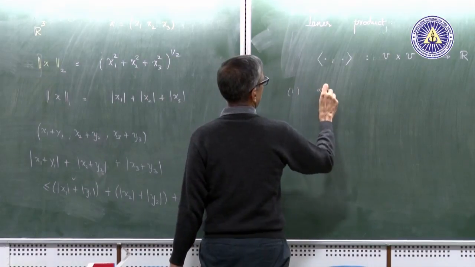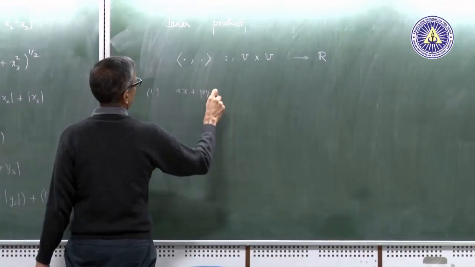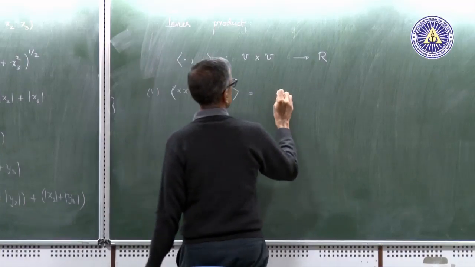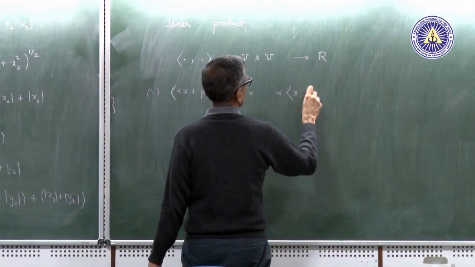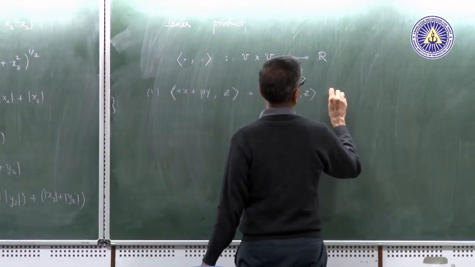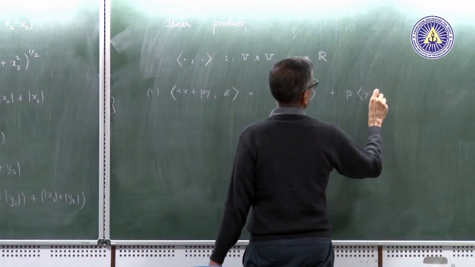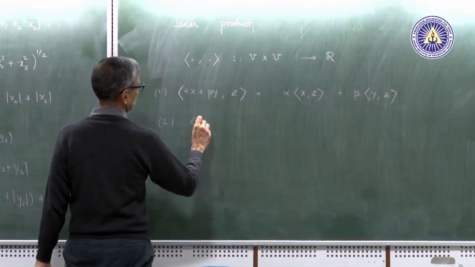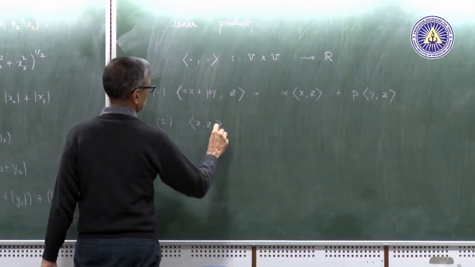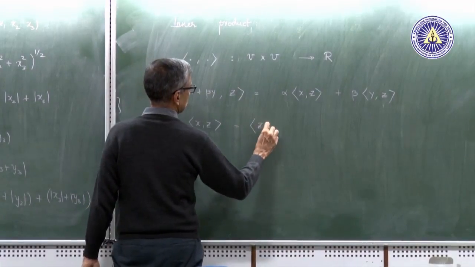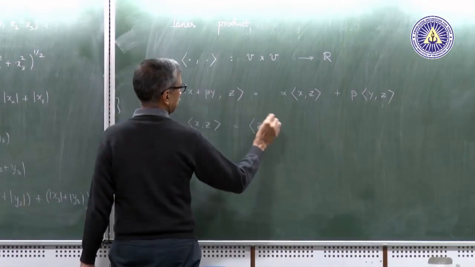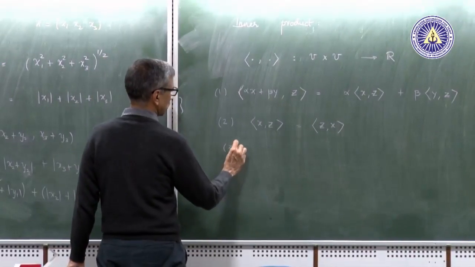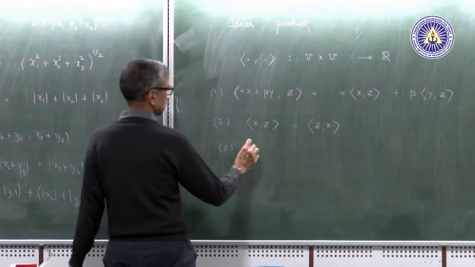It has to satisfy these. So, actually, when it is a complex vector space, it is the complex conjugate of this, and 3 is yes.